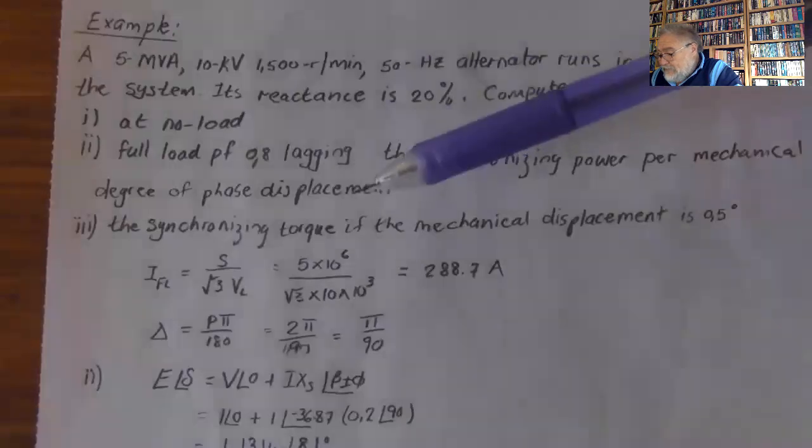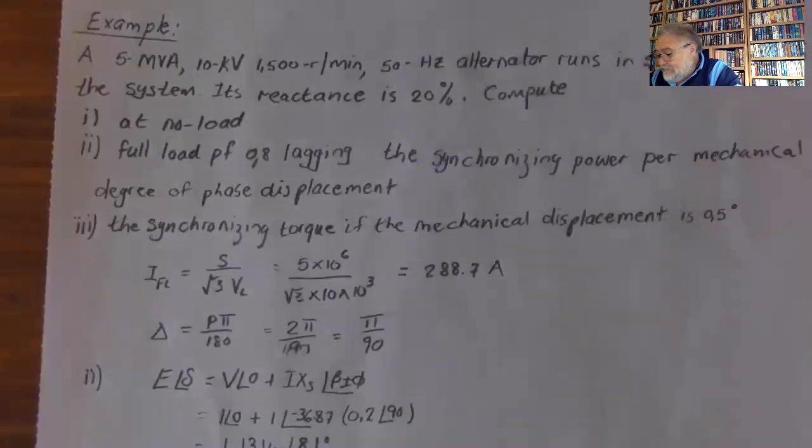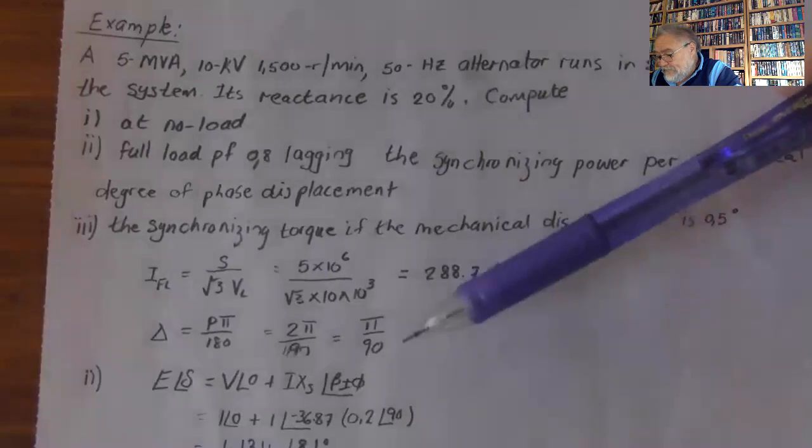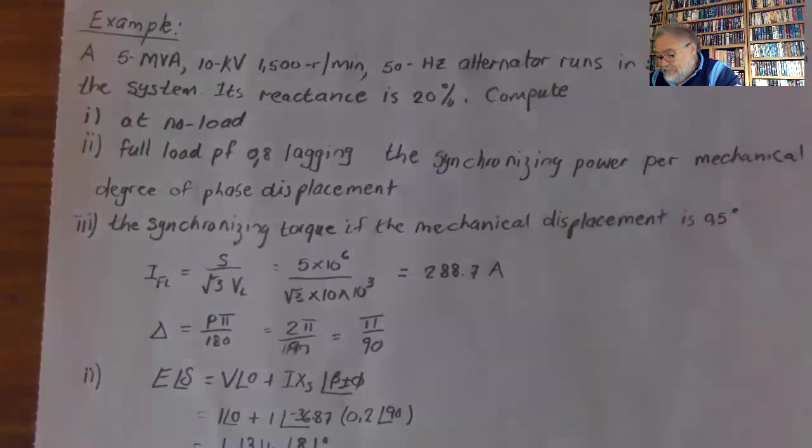So the synchronizing torque if the mechanical displacement is 0.5 degrees. I full load is S divided by square root 3 V, gives us 288.7 amps. Delta is P pi over 180. Simplify it, gives us pi over 90.